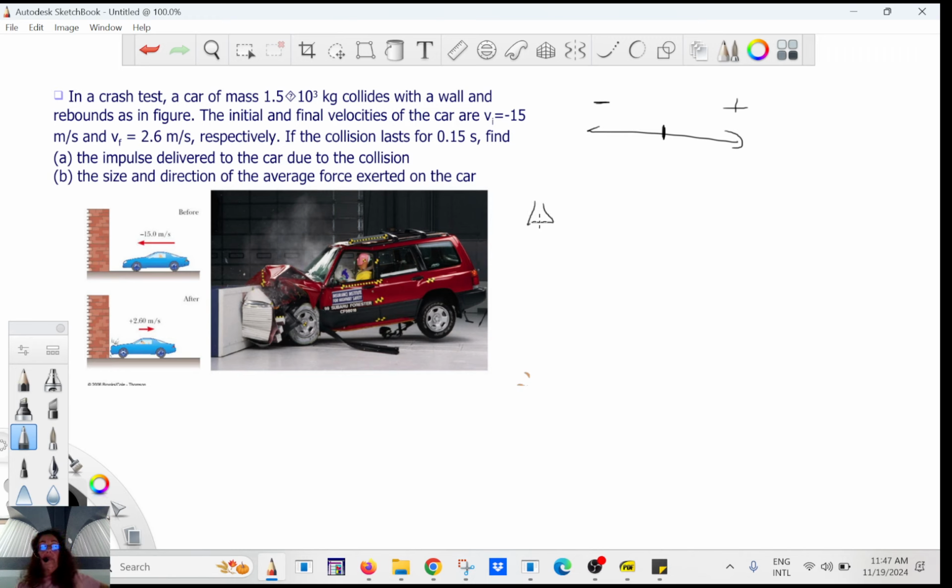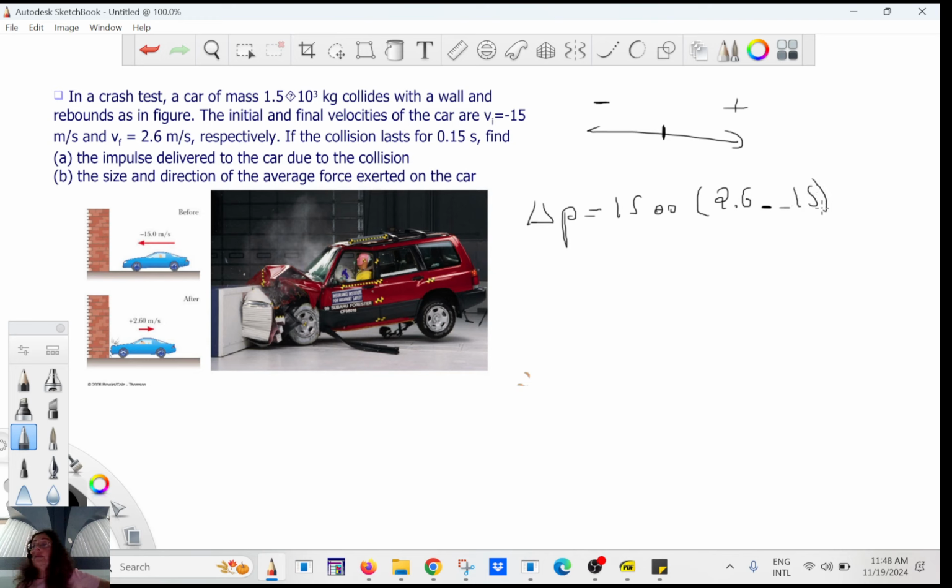So the change in momentum equals the mass, which is 1500. Do it, okay? But what's the final velocity? The final velocity is very good. Minus, but what's the initial? Negative 15.